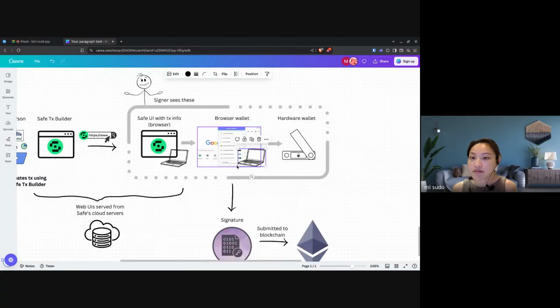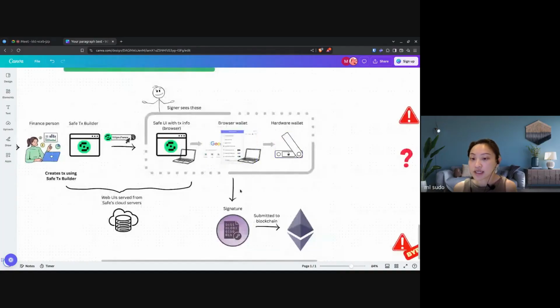After you have confirmed the transaction details, then you click OK, and then you go to your hardware wallet, which is where you want to verify details as well. After you do your signing, a signature is created, and then, somewhat simplifying things, the transaction is submitted to the blockchain.